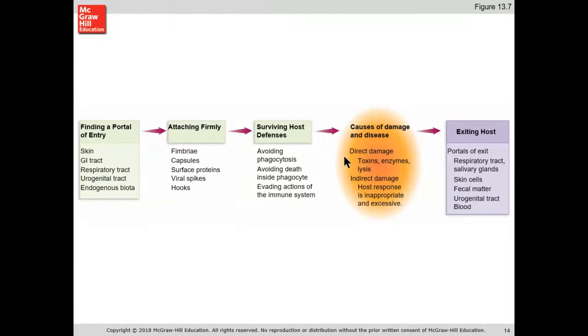Or it can be indirect damage, where our body's response is too much. So the example there would be something like a fever that goes too high, or a complement cascade that goes, excuse me, too fast. So our response could be the problem.